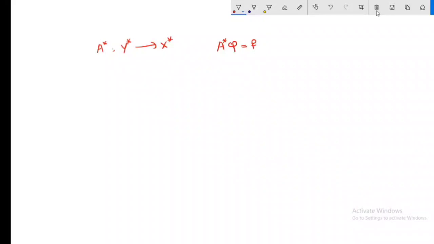That is, A star phi of x is equal to f of x, but that is actually phi of Ax.